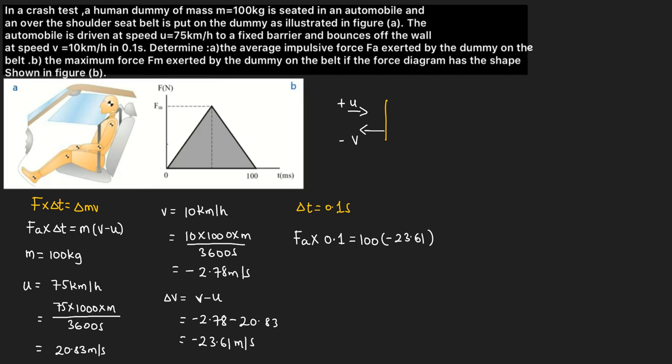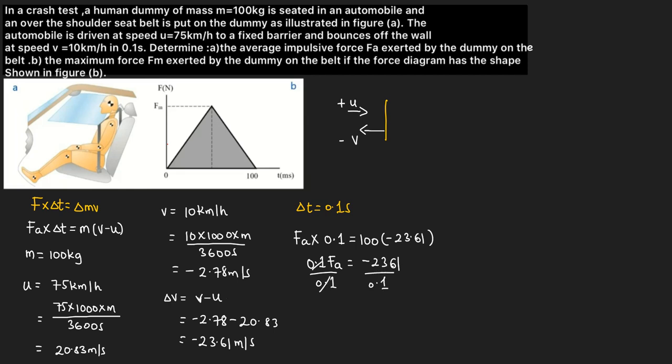Okay, so now let's simplify this. We're going to have 0.1 Fa equal to 100 times minus 23.61. That will give us a value of minus 2361. Then we divide both sides by 0.1, so this will cancel out this.